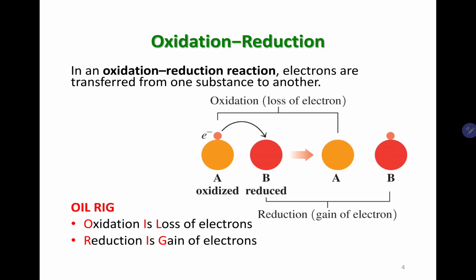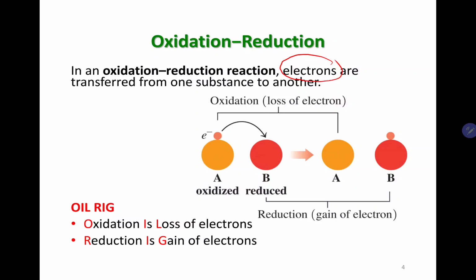You can define oxidation and reduction by using electrons, by figuring out what happens to the electrons during the reaction.